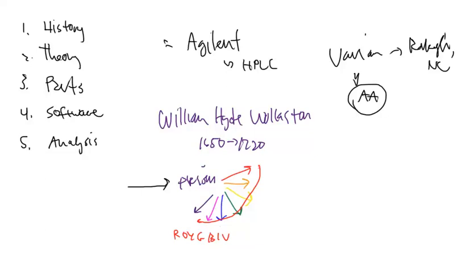But in 1702, he made a closer measurement. William Hyde Wollaston was a person that looked at the stars. He loved the solar system.